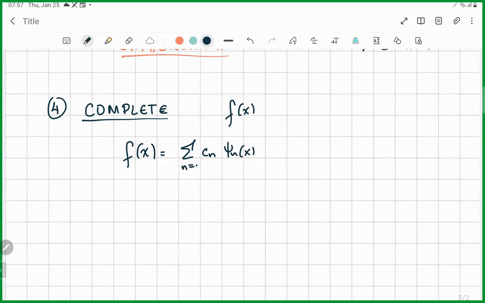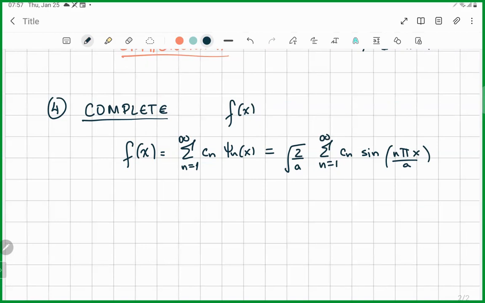Okay, where this n goes from 1 to infinity. What are our solutions? Well, sinusoidal functions, right? We had that sine of n pi x over a. So what we are saying here is that any function can be written as the sum of sines.